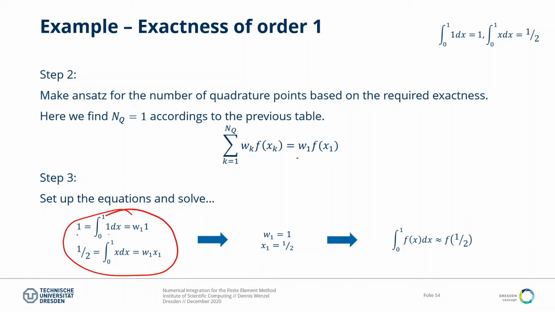If that quadrature rule is w1 times f of x1, and your f is just the constant 1 function, this gives you w1 times 1.